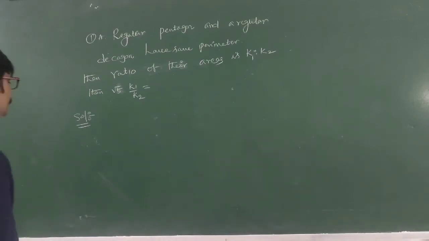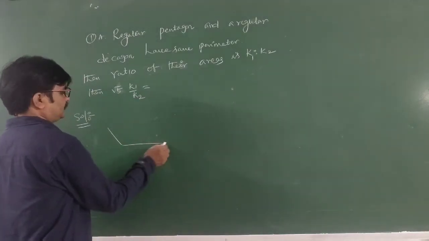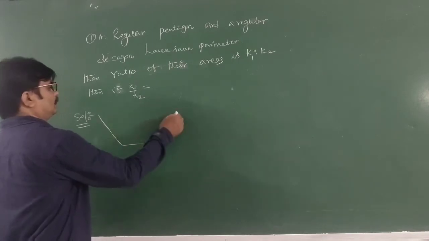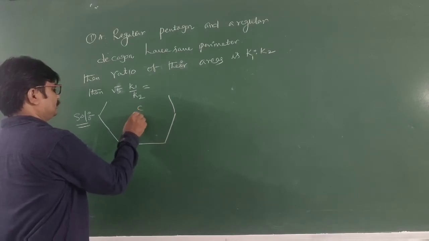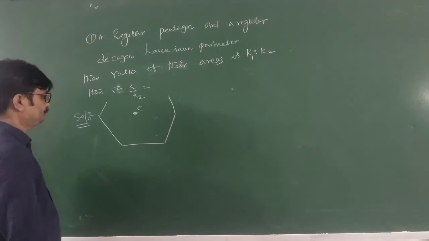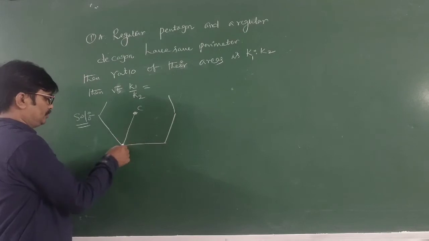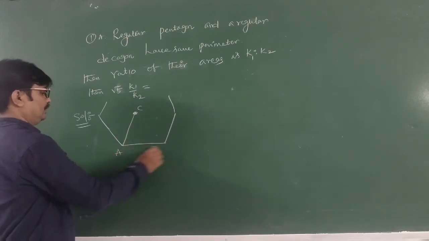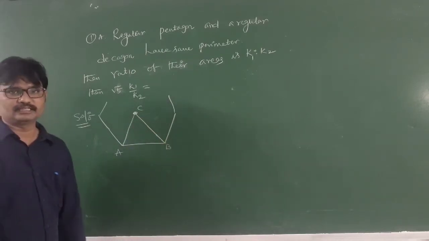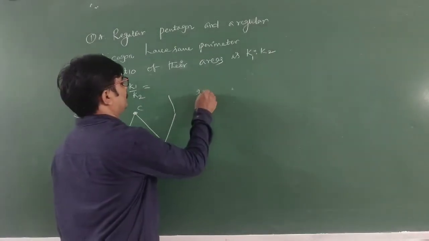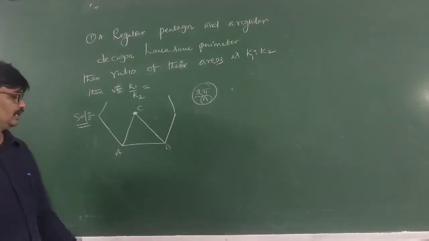Suppose you take the sides like this, and the center is C. Everybody knows that AB is one of the sides.